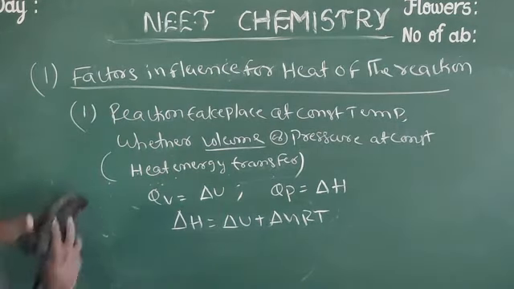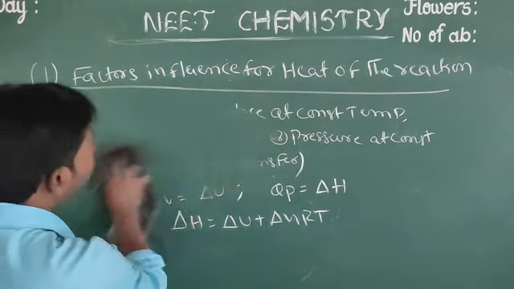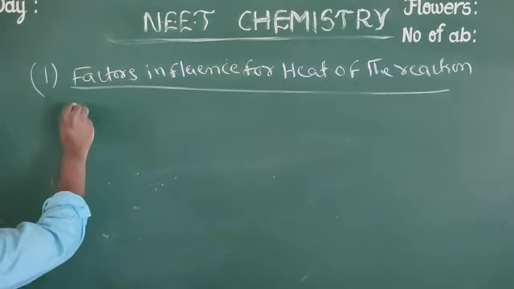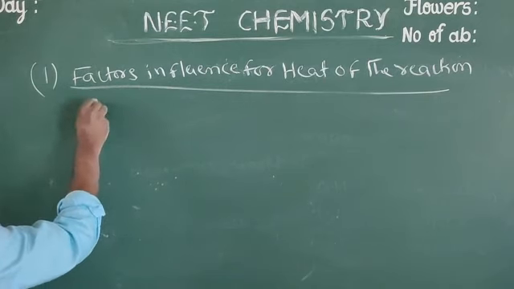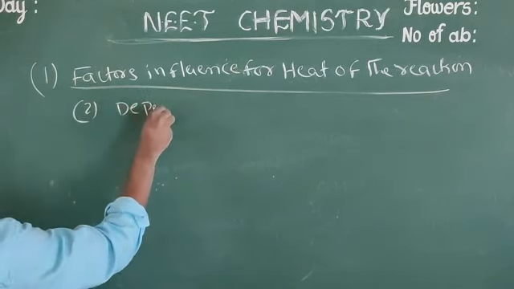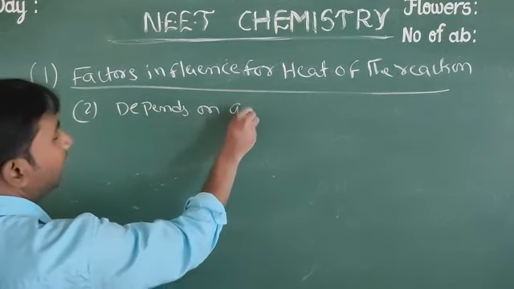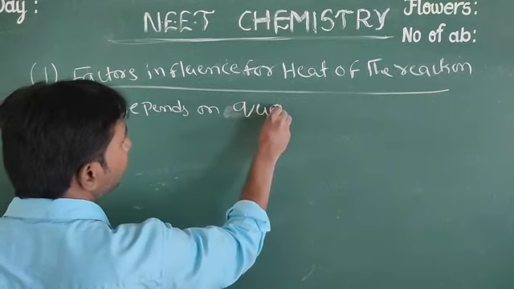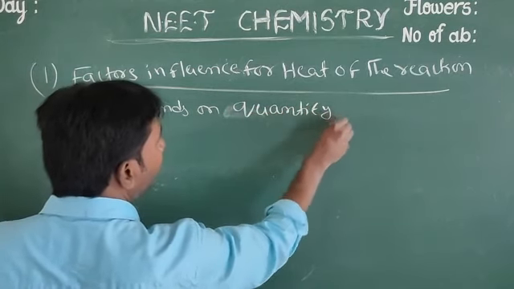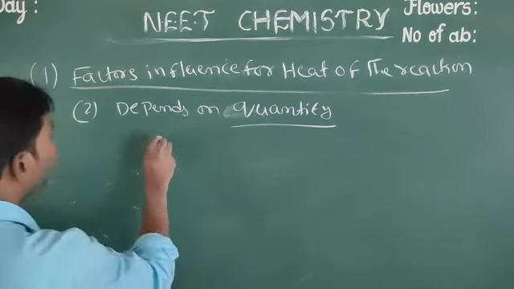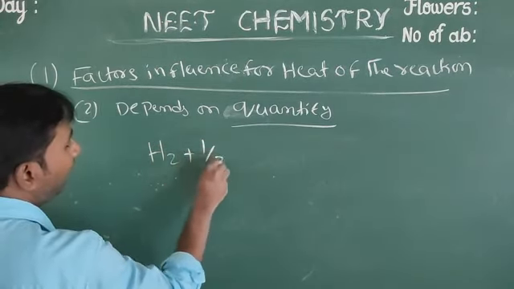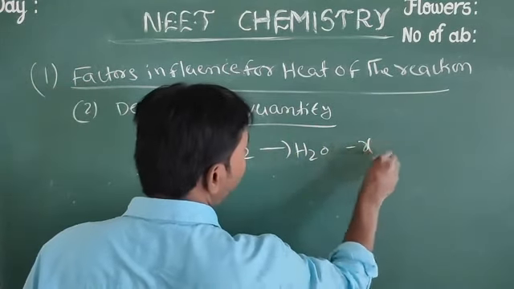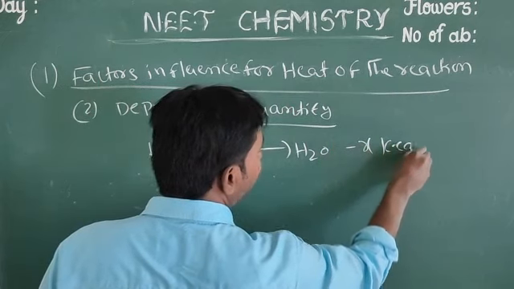Next, the second one: heat of reaction depends on quantity. For example, H2 plus half O2 gives H2O, minus X kilocalories, for suppose.